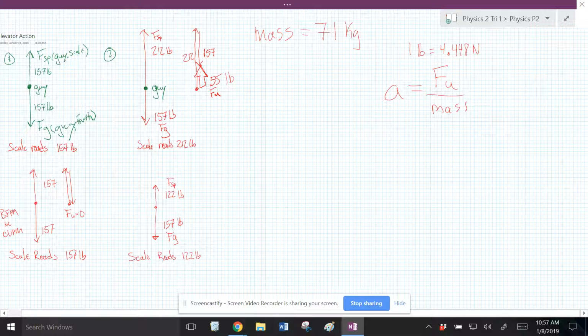All right, 1 pound is 4.448 newtons, so I'm just going to set up a conversion factor: 55 pounds times 4.448 newtons for every 1 pound. Let's see what that gives me. About 245 newtons.